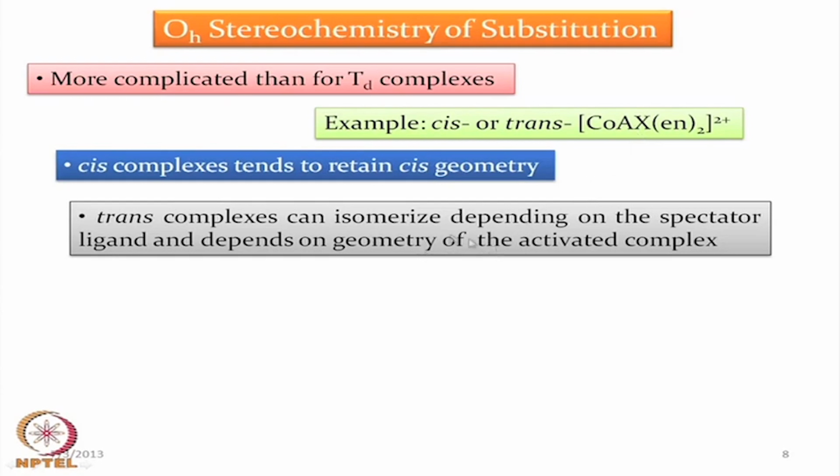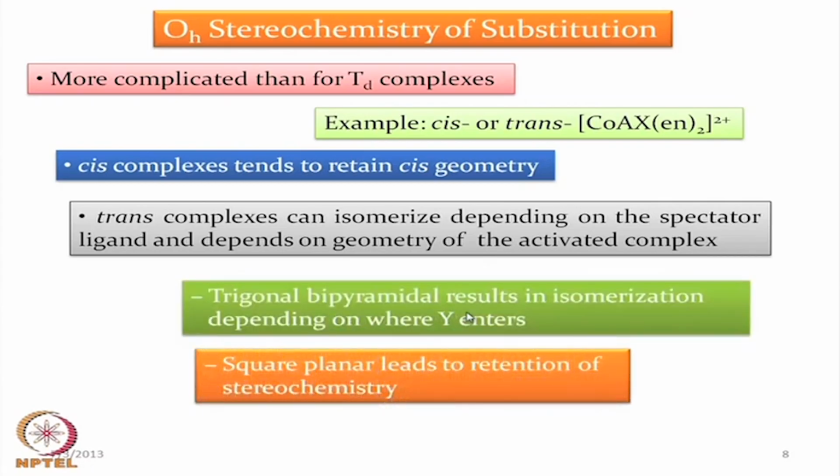In some cases it can retain the cis geometry, or in other cases it can also go for a change in the configuration of the system. And in trigonal bipyramidal geometry, in most cases it goes for isomerization depending on where the Y enters, and square planar geometry leads basically to the retention of the stereochemistry.